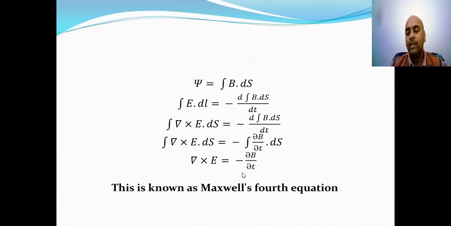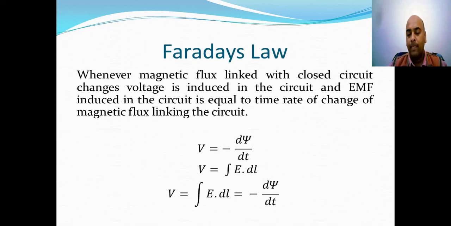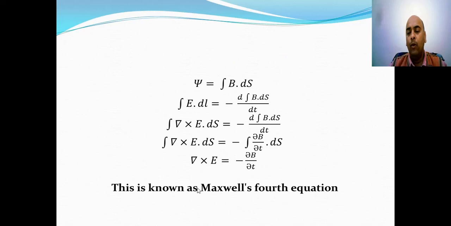So this equation is known as Maxwell's fourth equation in differential form, and the integral of E over length L is equal to minus dψ/dt, or the integral of E dot dl is equal to minus d/dt of the integral of B dot dS, is called Maxwell's fourth equation in integral form.